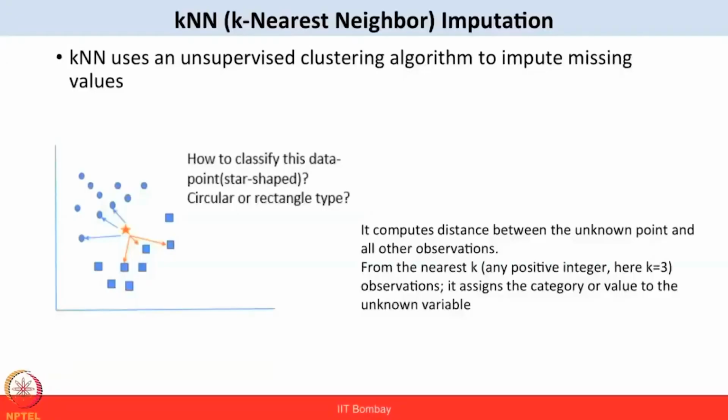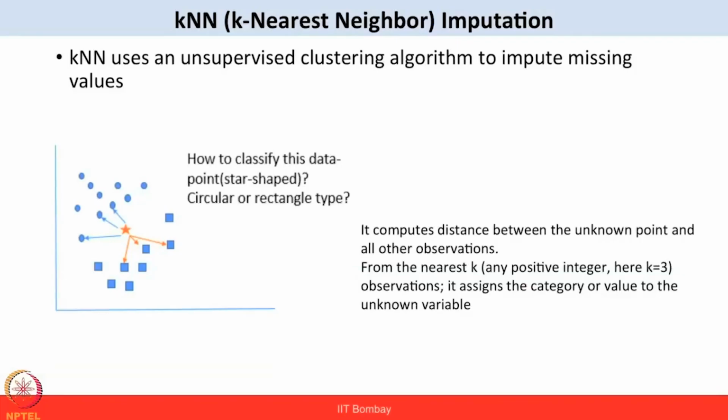Now coming to another missing value imputation approach, that is KNN, which stands for K nearest neighbor, and KNN uses an unsupervised algorithm to impute the missing values. Now if you look at the graph, the star shaped point, we need to classify, we do not know which category it is going to be.